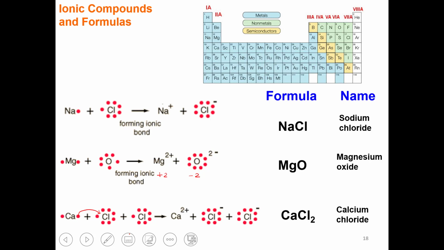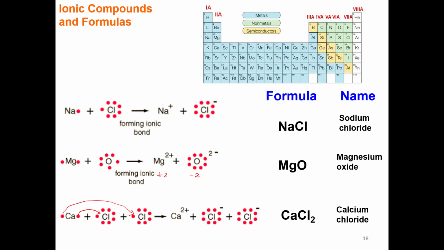Calcium needs to lose 2 electrons to be similar to argon. Then in order to be stable, we need another chlorine. This is why we need another chlorine too.